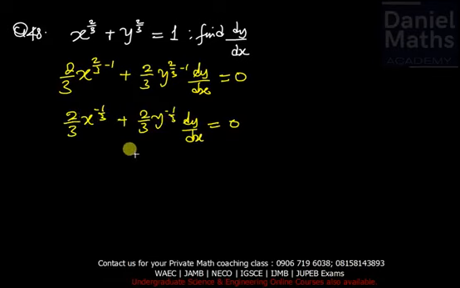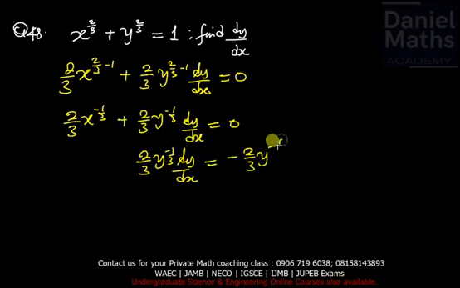So we'll be left with 2/3 times y raised to the power minus 1/3 dy/dx equals minus 2/3 times x raised to the power of minus 1/3.